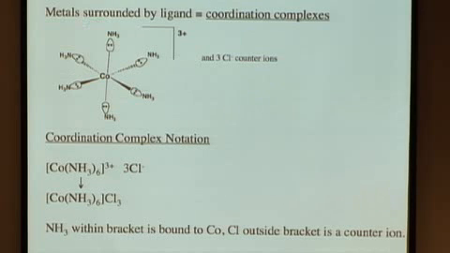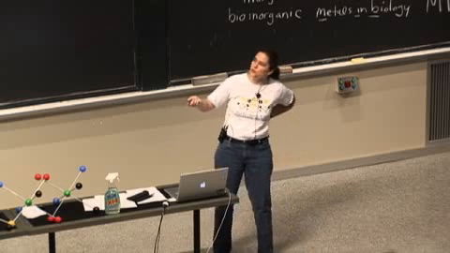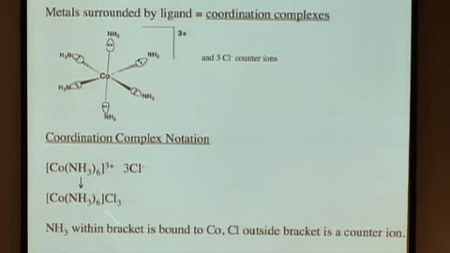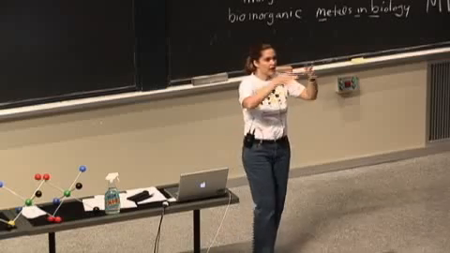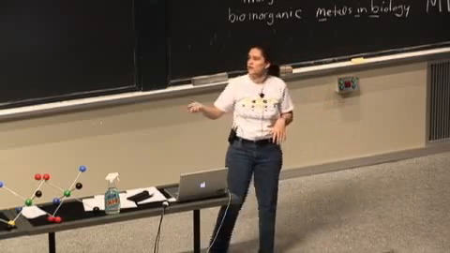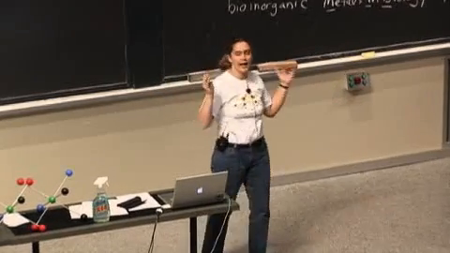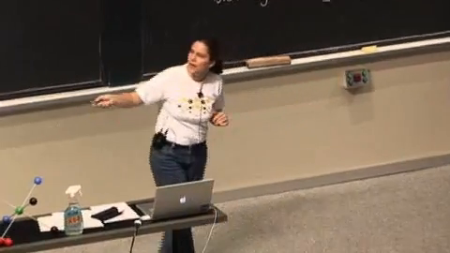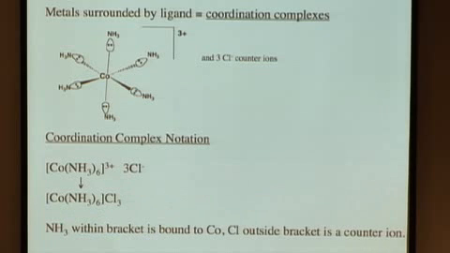Because it has a positive charge, sometimes coordination complexes are associated with counter ions. So you might see 3 chloride -1 ions around to counter that charge. And if you did, you would see the 3 chlorides on the outside of the bracket. So things inside of the bracket are actually coordinated to the metal. Things outside the bracket are counter ions. And so that would be how you would translate that particular notation.